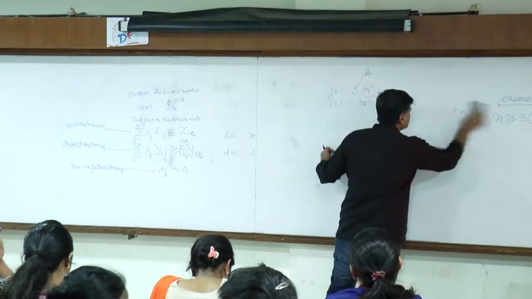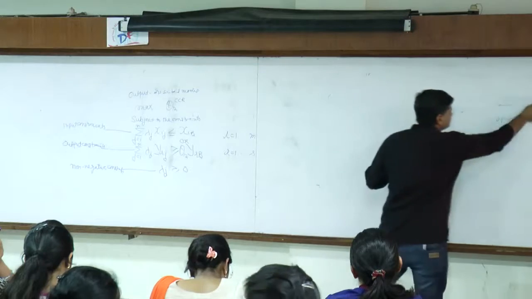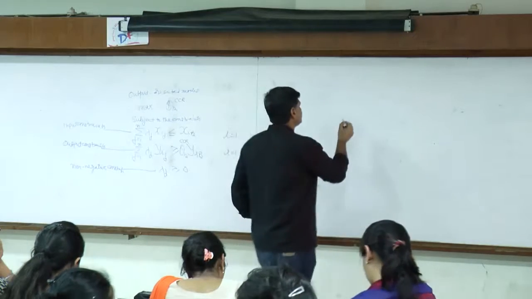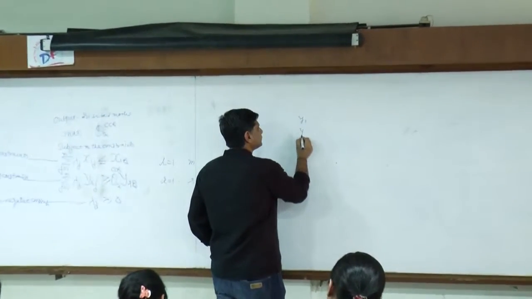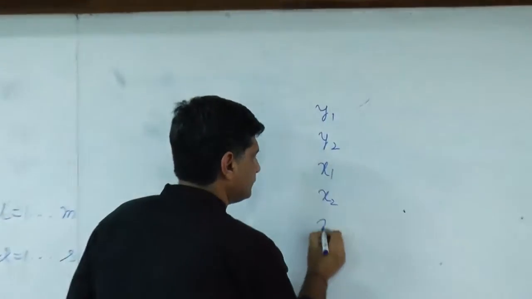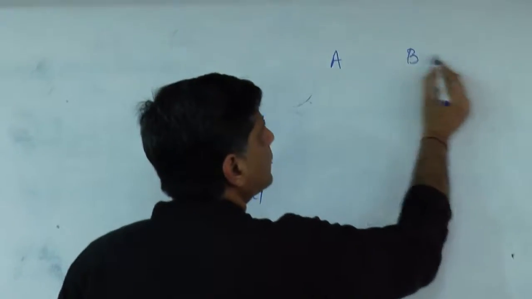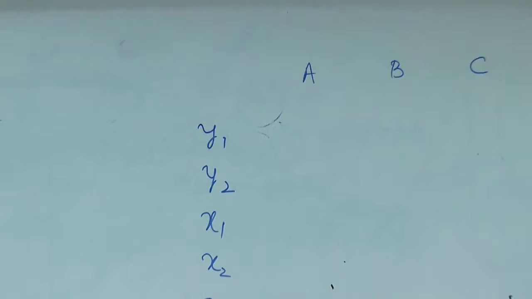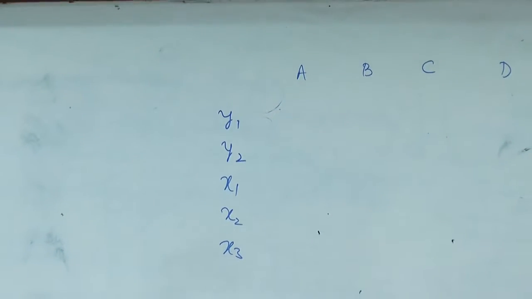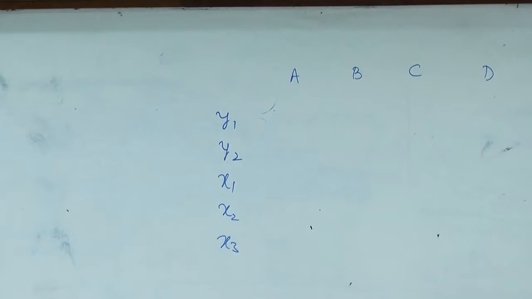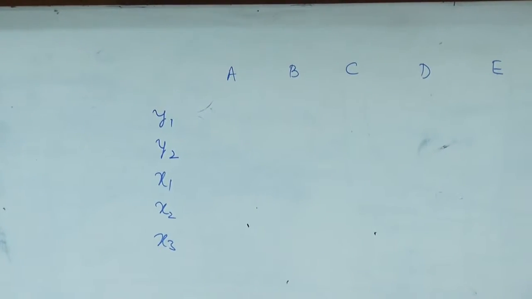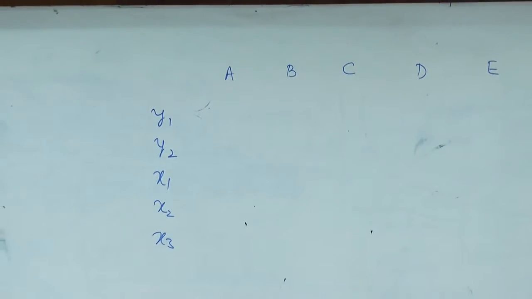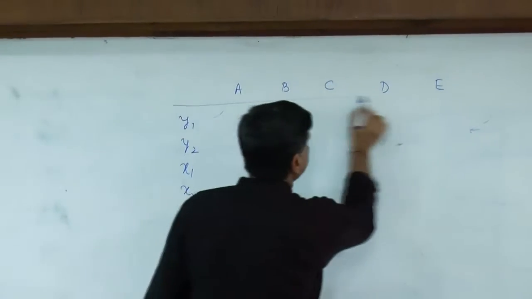Now, if I assume that there are 5 firms, y1 and y2 are the outputs, x1, x2 and x3 are the inputs, the 3 inputs and 2 outputs.